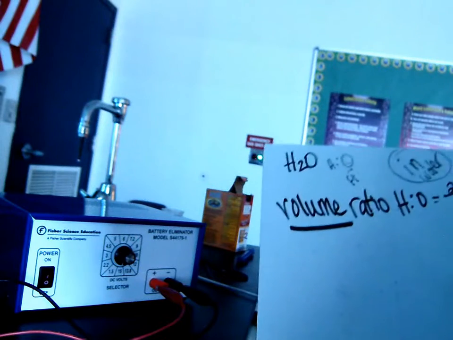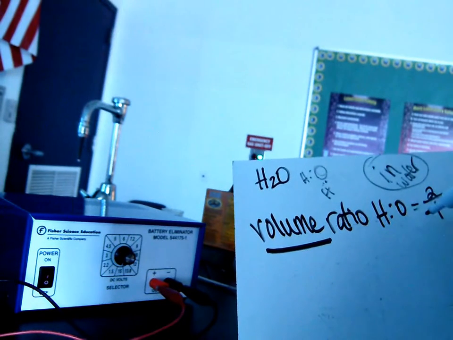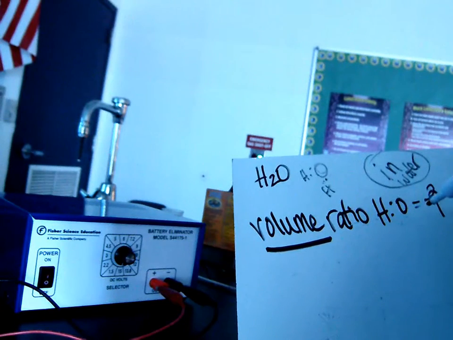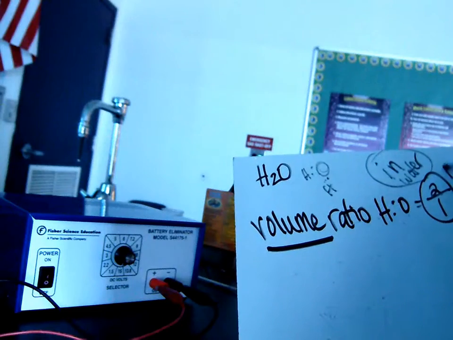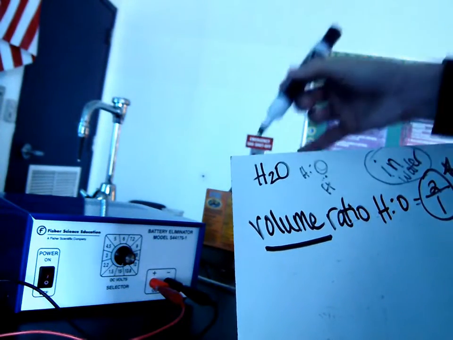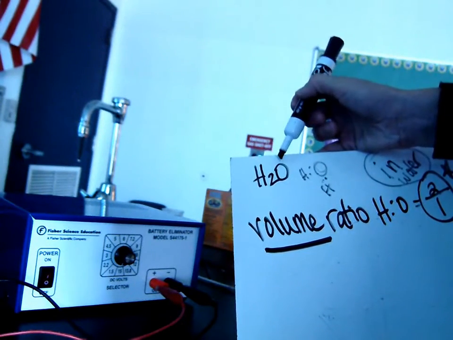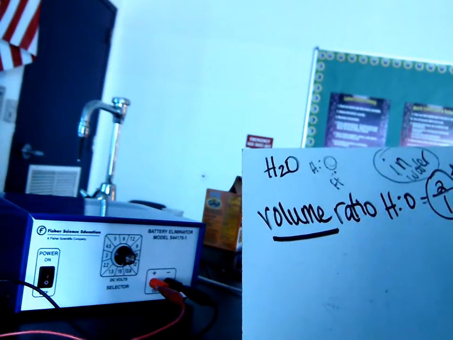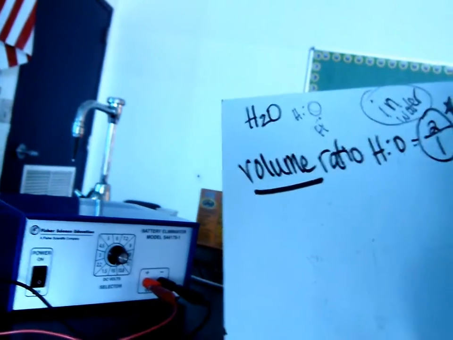So again, we decompose some water, we collect the individual elements by themselves, and we find in a sample of water, the ratio of hydrogen to oxygen is 2 to 1, the volume ratio. And this is the easy one to remember because you can tell from the chemical formula, 2 hydrogens, 1 oxygen. Volume ratio, hydrogen to oxygen is 2 to 1.